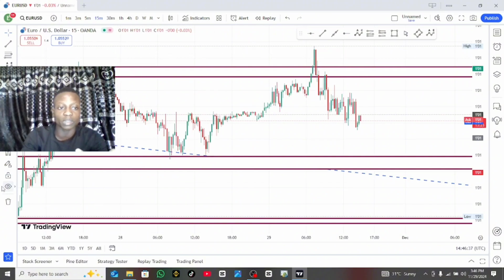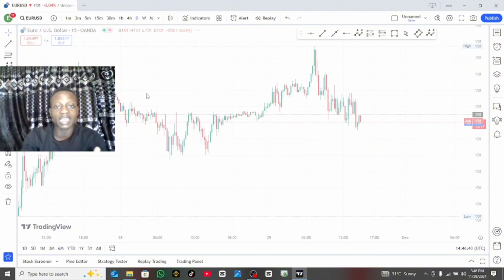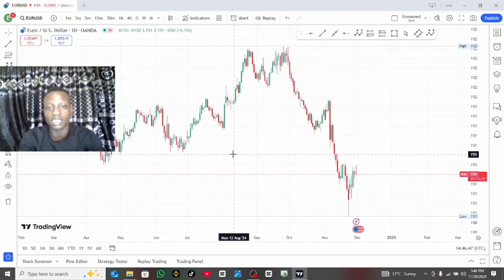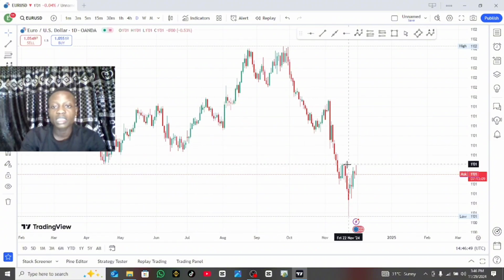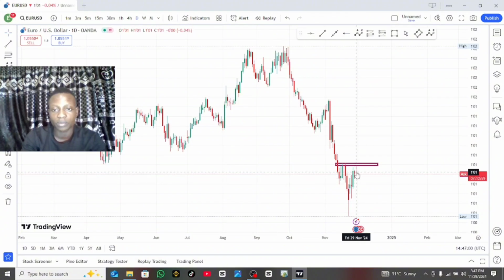Because if you go to the daily time frame now, let me remove all this drawing. If you go to the daily time frame, you cannot be 100% sure of anything in this forex market. The market is on this minor resistance level, and immediately we break this resistance level, the downtrend is over.